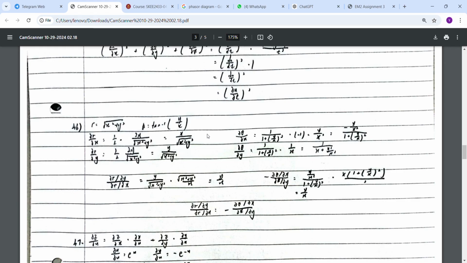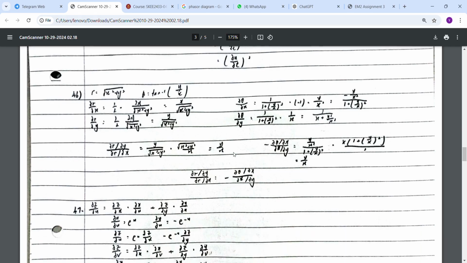After that, because the question needs us to verify that ∂θ/∂y over ∂r/∂x is equal to negative ∂θ/∂x over ∂r/∂y, we just take the values that we already found and insert them in the formula.